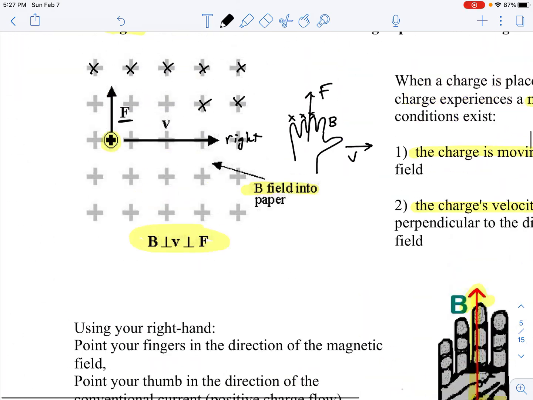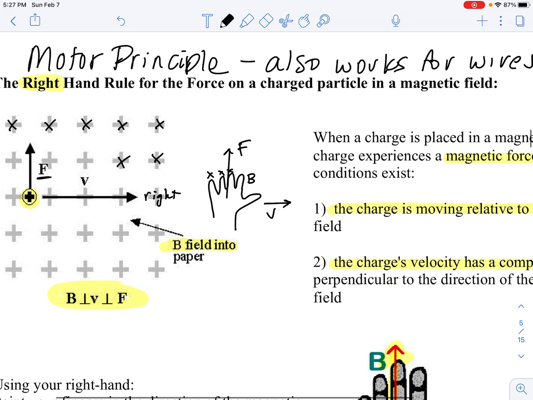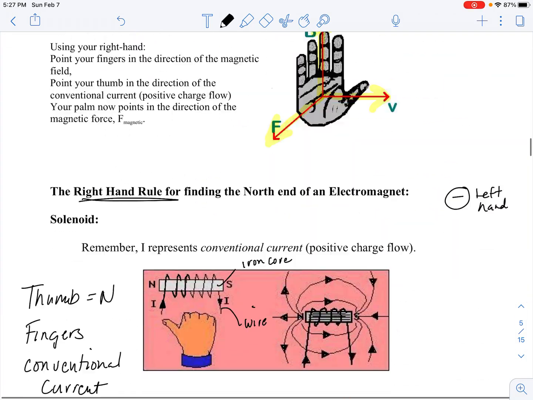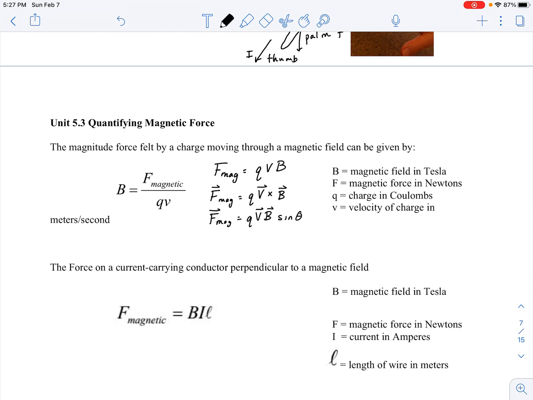So if I go back up to my diagram from up here, if the velocity and the magnetic field are not perfectly perpendicular, then we're only going to take the perpendicular component of the velocity to the magnetic field.